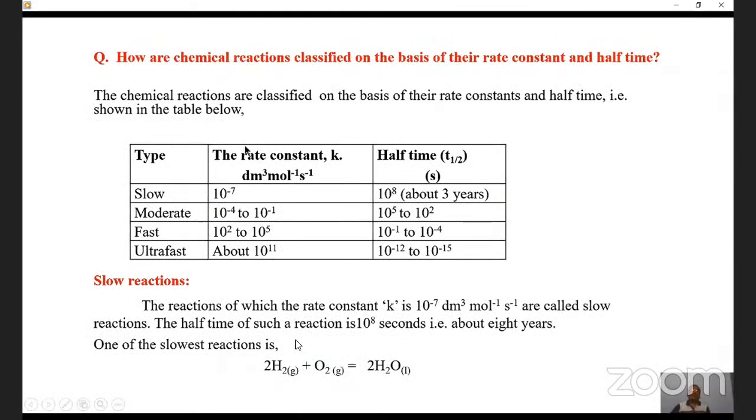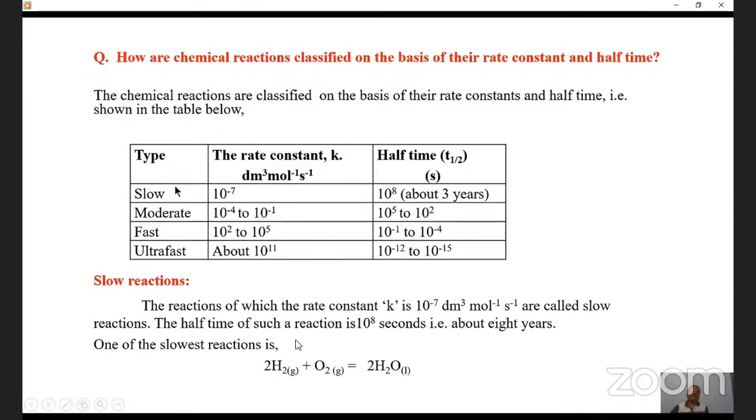Now let us study the fast reactions. As we had seen in the introductory part of this topic, the reactions are classified on the basis of their rate constants also. The classification of a reaction on the basis of its rate constant and half time is given in the table below.